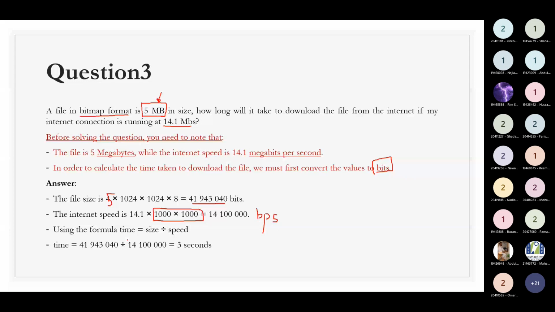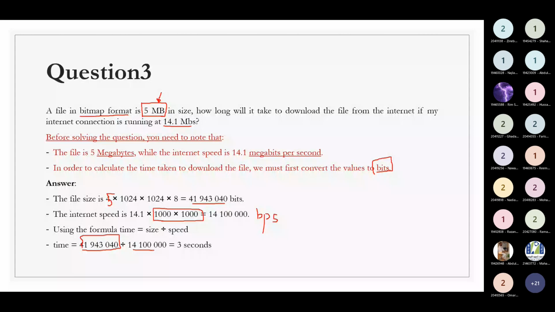Now using the formula, time is equal to the size divided by the speed. So the time which will be taken to download or upload this bitmap format file is the file size divided by the internet speed.